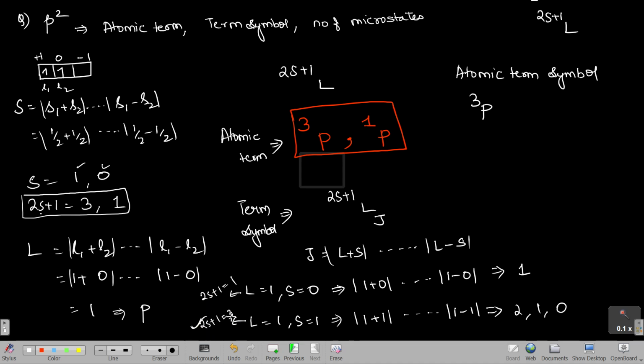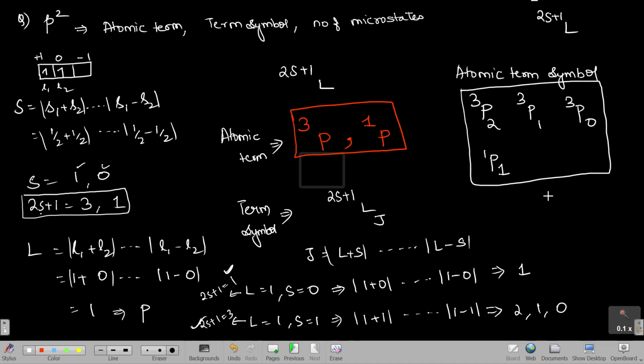For triplet P, there are 3 possibilities: triplet P2, triplet P1, triplet P0. The next is singlet P, where there is only one possibility, that is singlet P1. So the total number of term symbols possible is 4, and the total number of terms is 2.